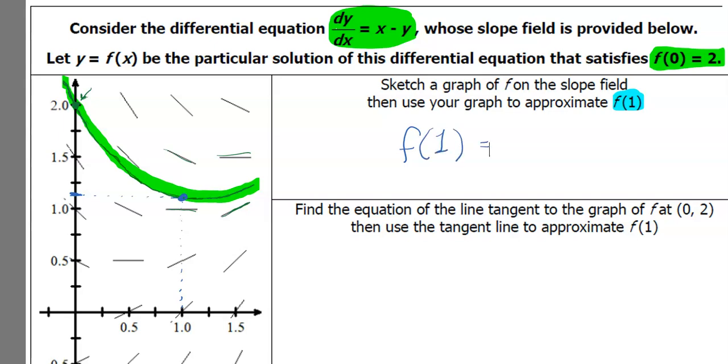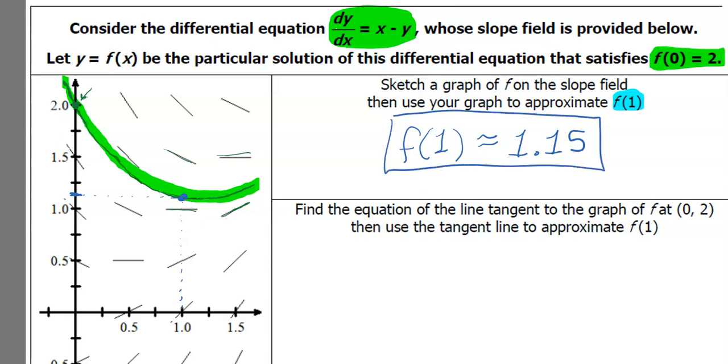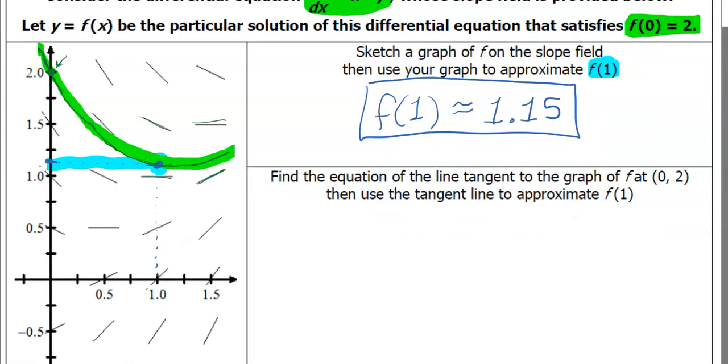I'm going to go with 1.15 on mine. There is nothing perfect about that. The idea here is just saying, based on my graph, which is reasonably accurate, that's my y value, which is, again, just reasonably accurate. Yours could be a little bit higher, a little bit lower.